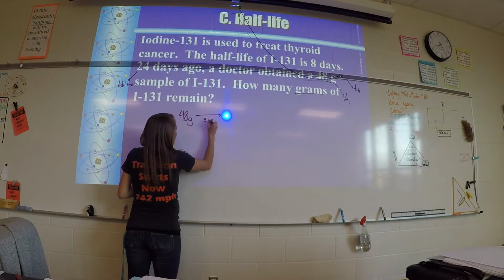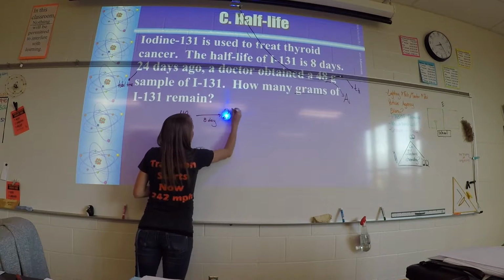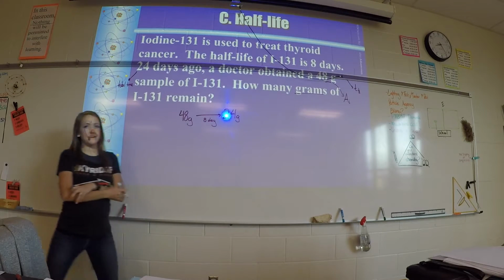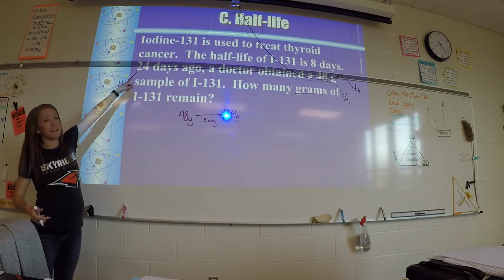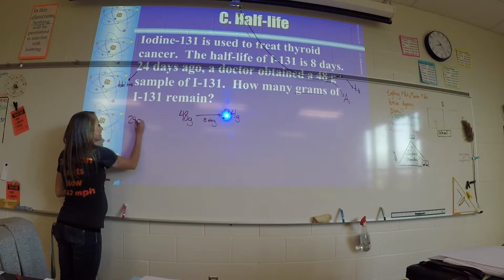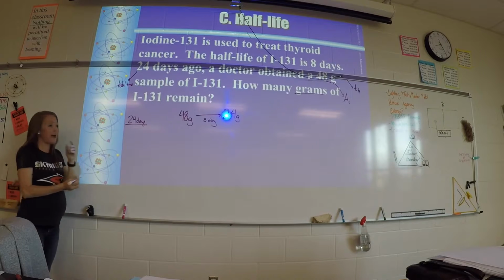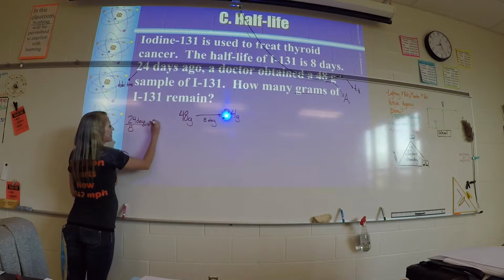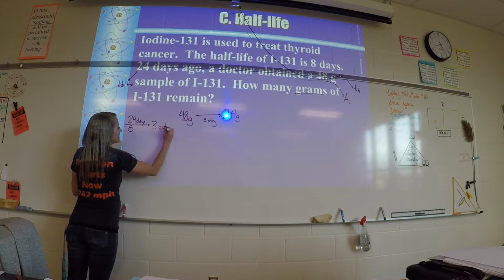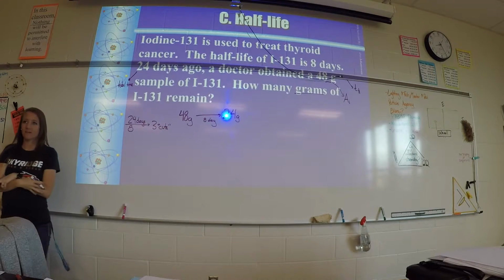So after 8 days, half of it will be left. If we take our total time of 24 days and divide it by our half-life of 8, we can find that 3 cuts are going to happen here.